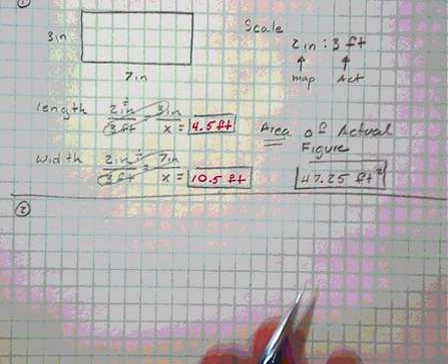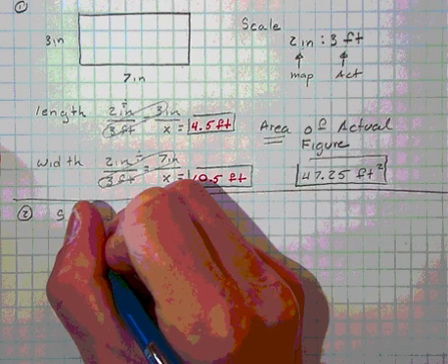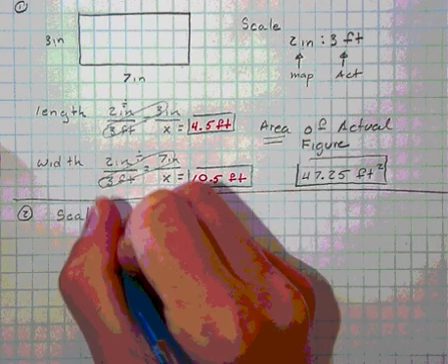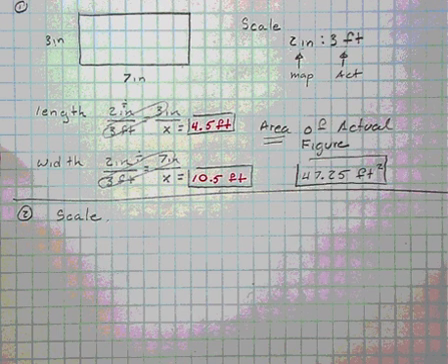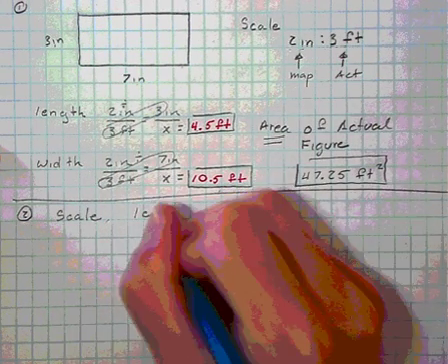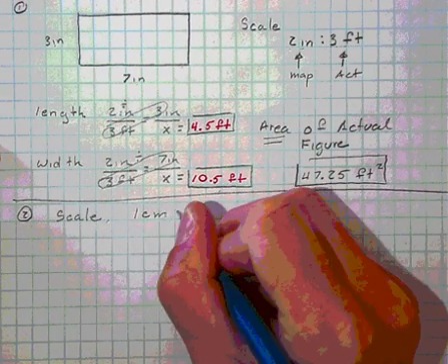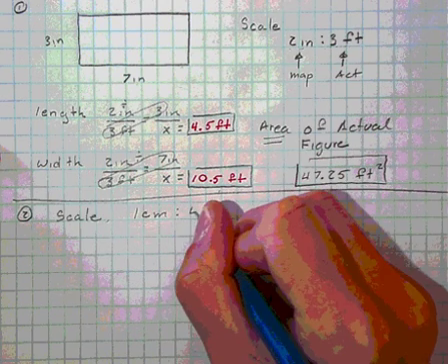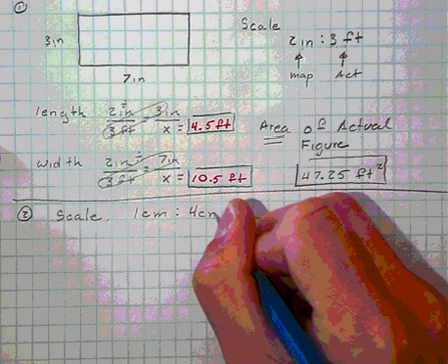So there's a company that made a tablet, and they wanted to make a promotion for the tablet, so they had to come up with these little posters for the tablet. The scale that they used for the tablet is 1 centimeter is actually 4 centimeters in real life. So they drew 1, 2, 3, 4, 5, 6.